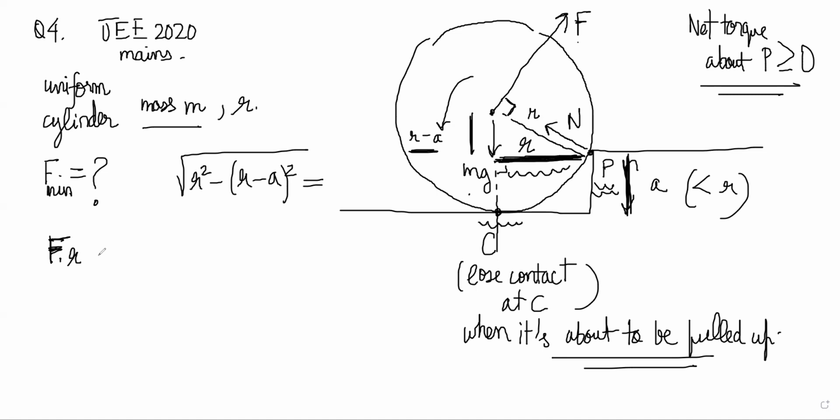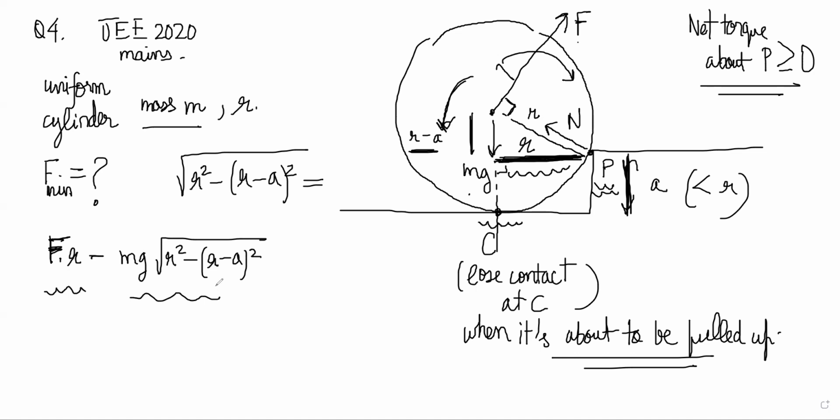And the torque of mg would be negative mg times root over R square minus (R minus a) whole square, right? These are the two torques. They are in opposing sense because F tries to turn it clockwise, and mg tries to turn it anti-clockwise. If the total torque is greater than or equal to 0, toppling will happen and you can pull it up. The normal force does not create any torque because it passes through the point P.